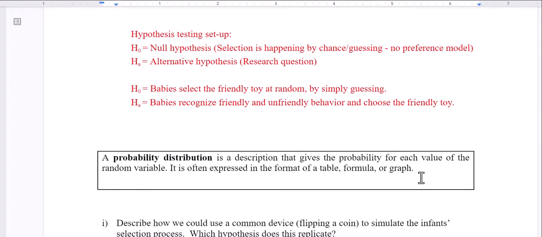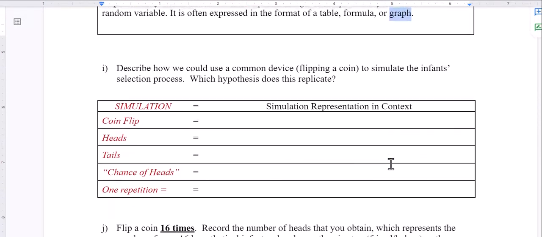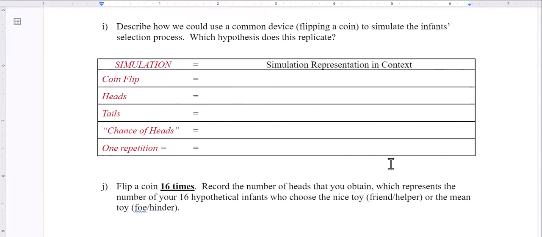Now, a probability distribution is a description that gives the probability for each value of the random variable. It is often expressed in the format of a table, formula, or graph. In this example, for this study, we're going to choose the graph format to display our probability distribution. So now let's go to the simulation.